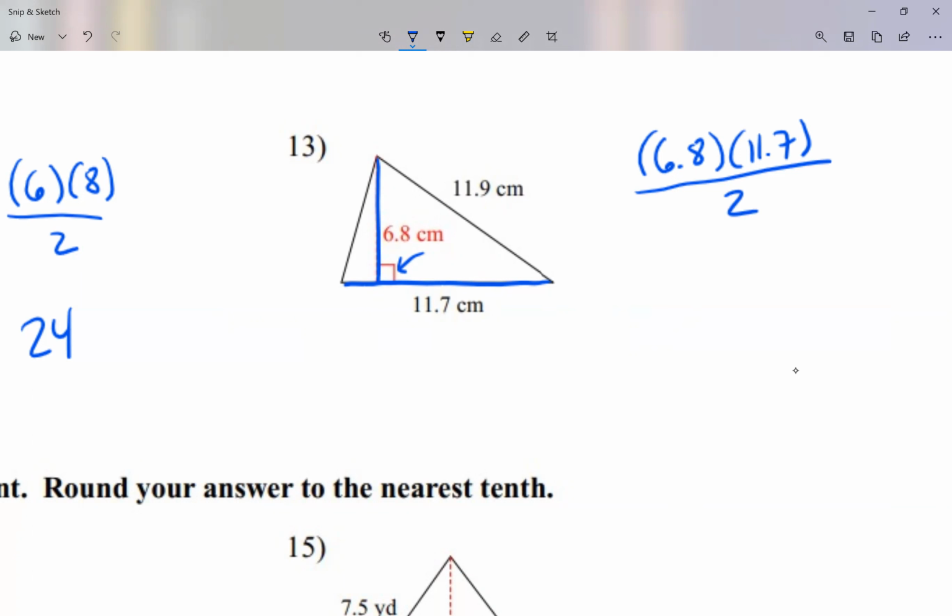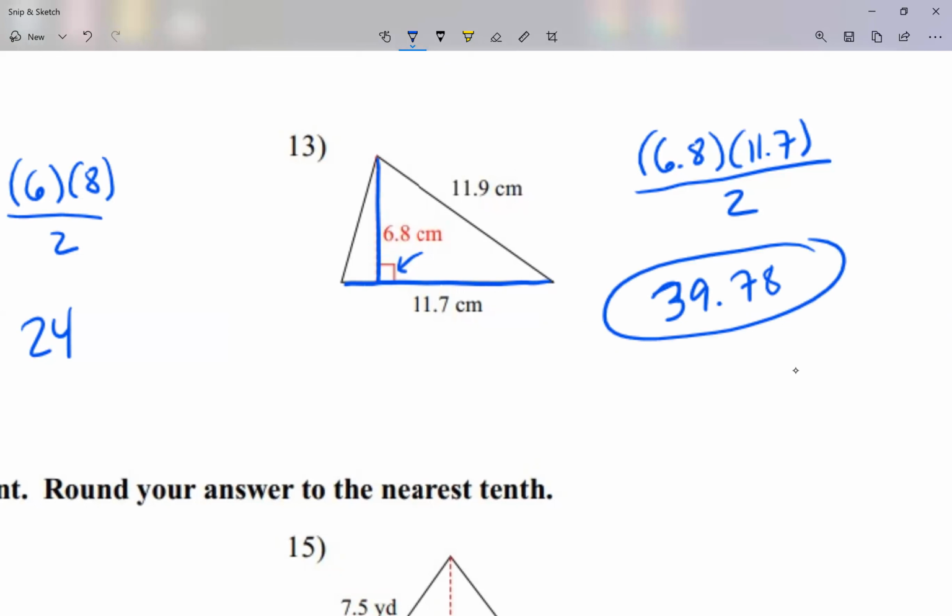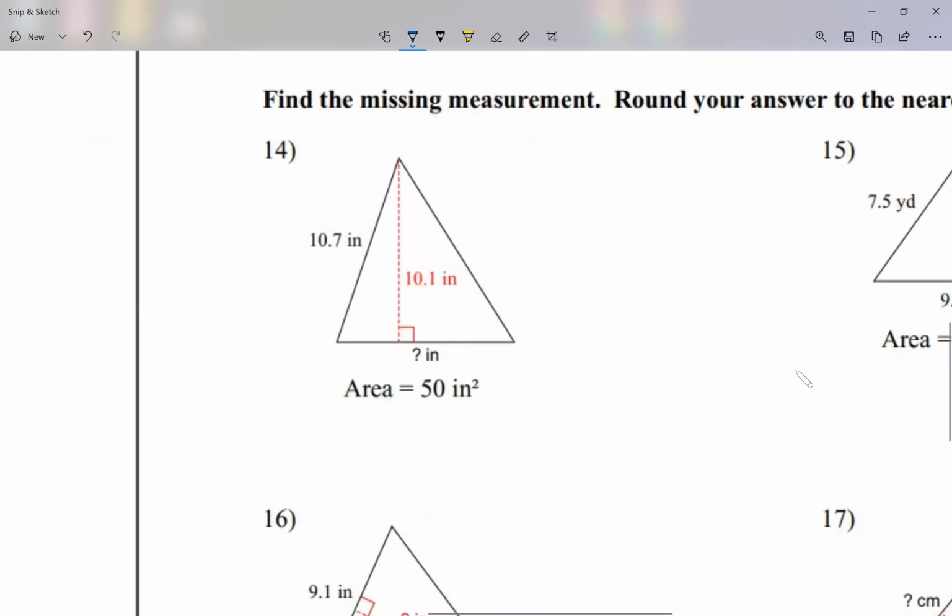So 6.8 times 11.7 is 79.56. Divide this by 2. Don't forget to divide by 2. So my answer is 39.78. If the instructions say round it to the nearest tenth, well, 39.8. If it doesn't say round, then don't round. 39.78.